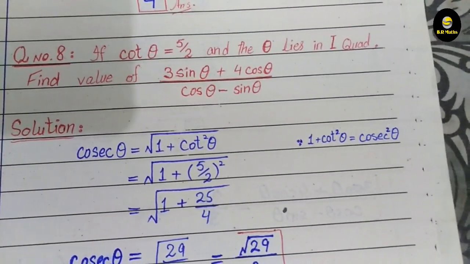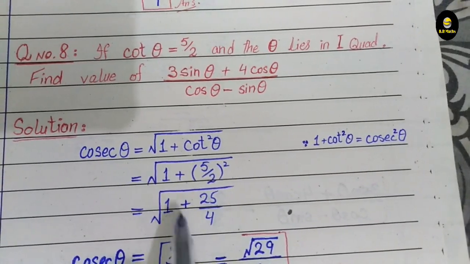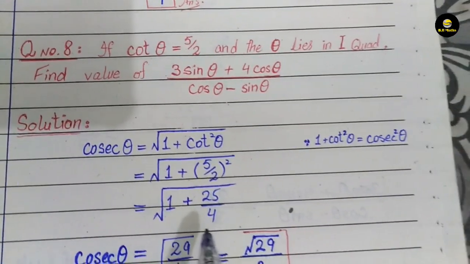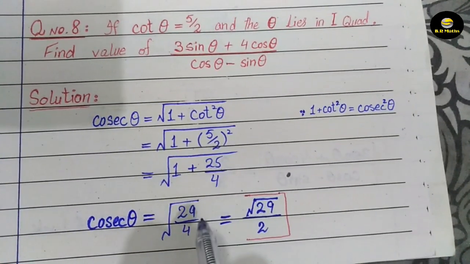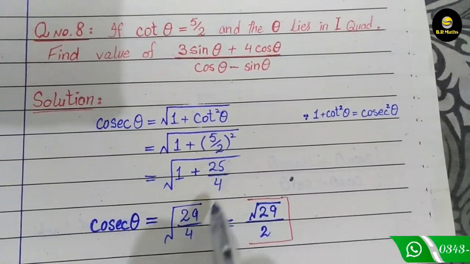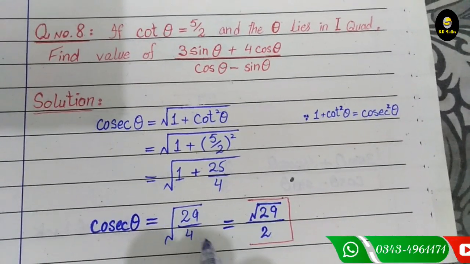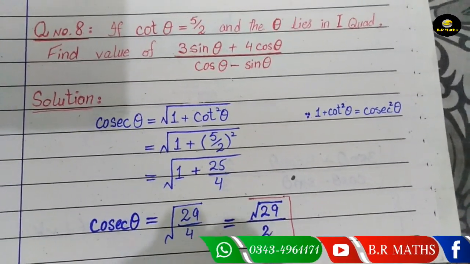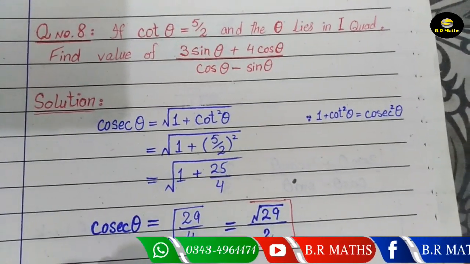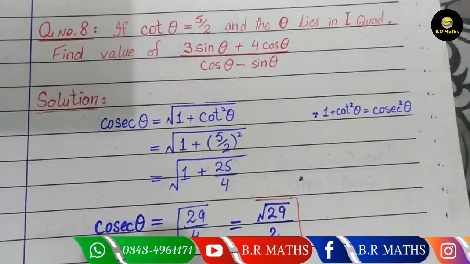Put the value of 5 by 2 and take the square, plus 1. 25 over 4, take the LCM. After calculation, 4 plus 25 becomes 29 over 4, and the square root is square root 29 divided by 2. This is the value of cosecant.